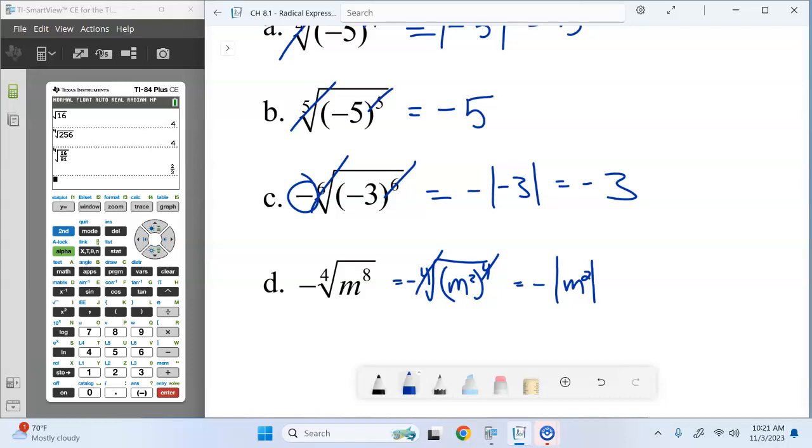No, they're redundant at that point. If m was negative 3, when I square it, it's not going to be negative 3 anymore. It's going to be positive 9. So I don't need the absolute value bars because they're not doing anything extra. We can simplify to just negative m squared because the squaring will take care of making it positive.